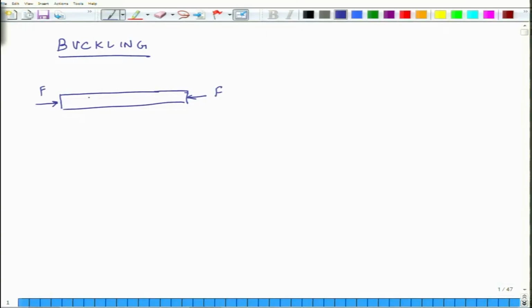If the force is F and the cross sectional area is A, uniform across the whole length, then the stress in the bar in the x direction, sigma x, will be F over A, and the strain in the bar will be sigma x divided by Young's modulus of the bar.